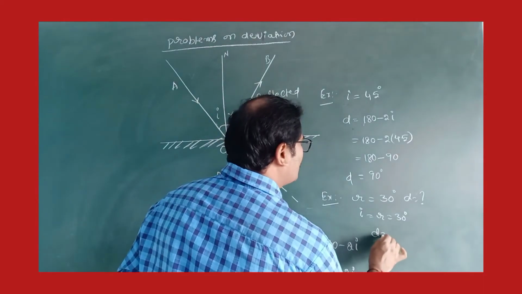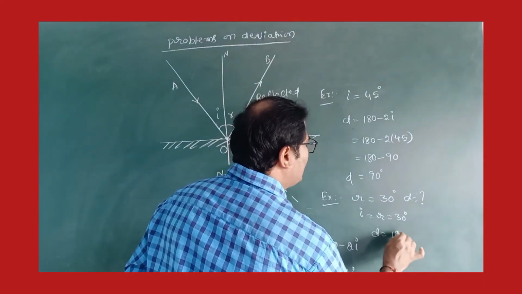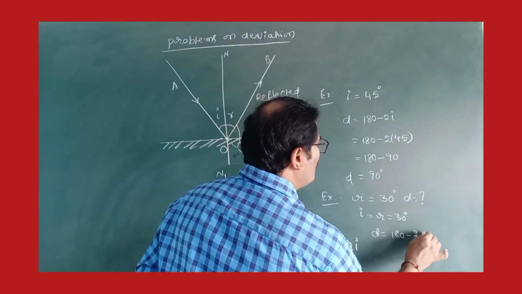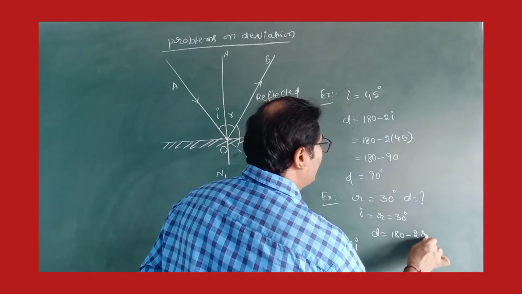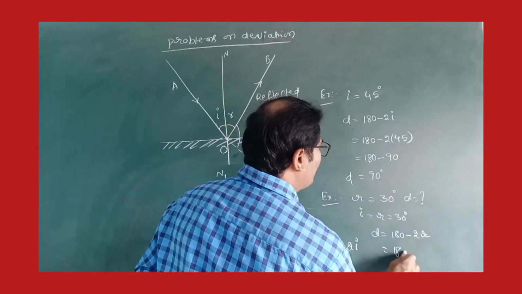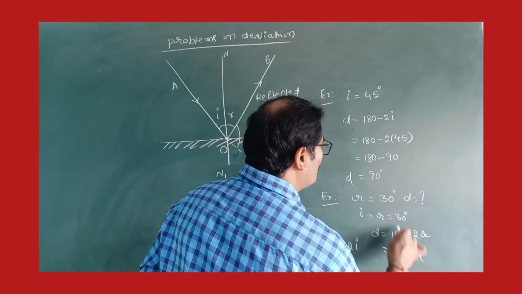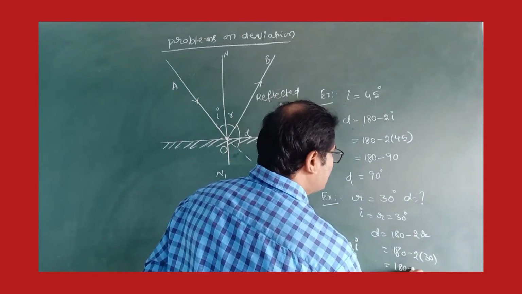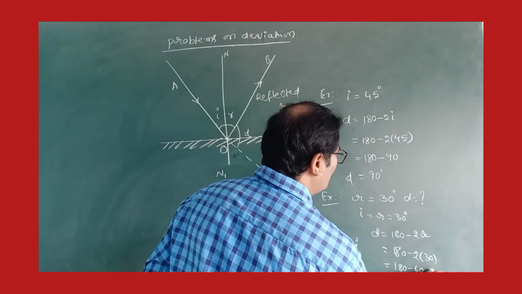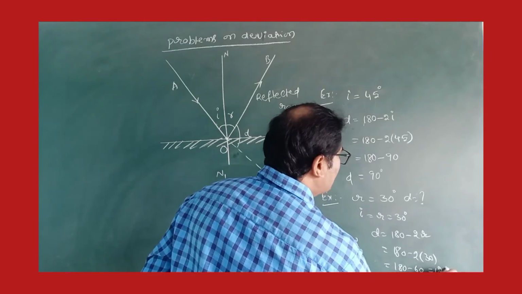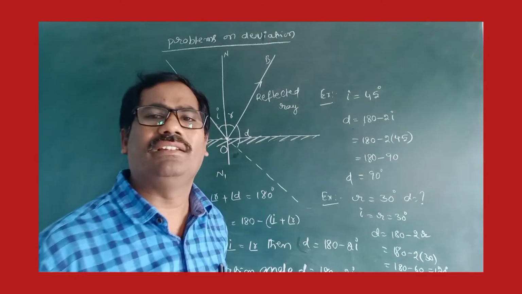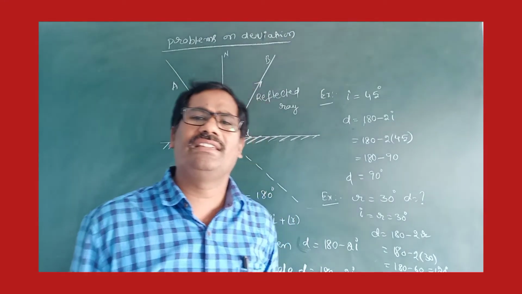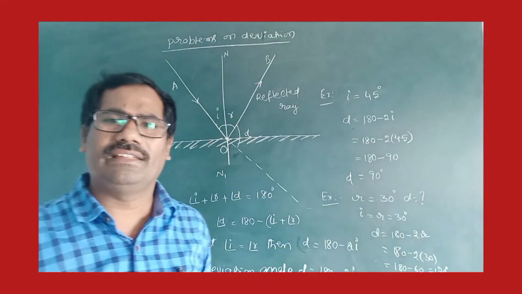D is the same as 180 minus 2R or 2I. That is 180 minus 2 into the R value, 30 degrees. 180 minus 60 is equal to 120 degrees, which is the deviation angle.